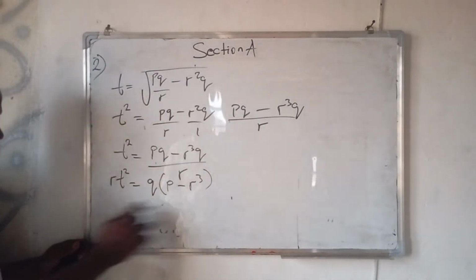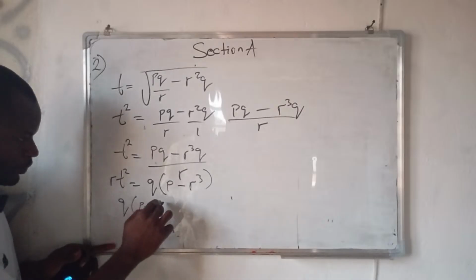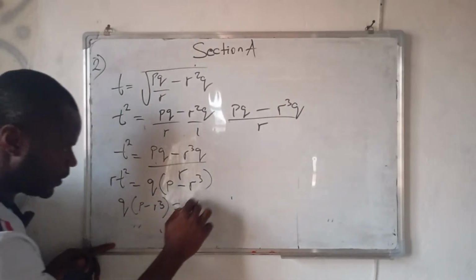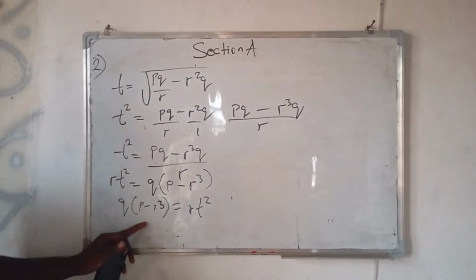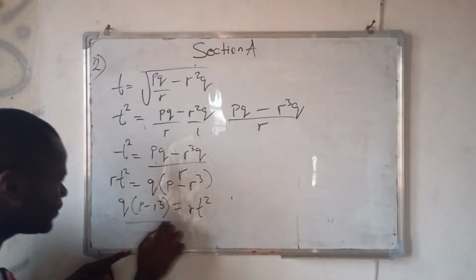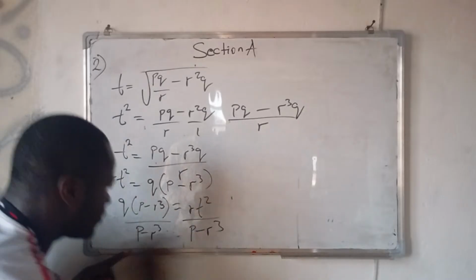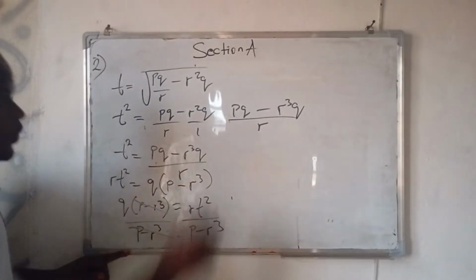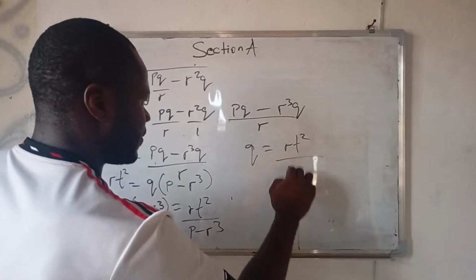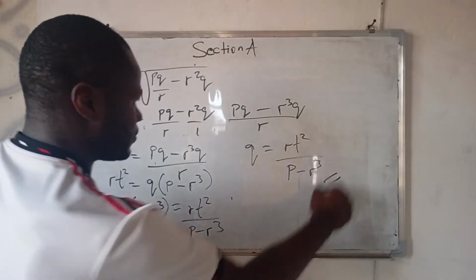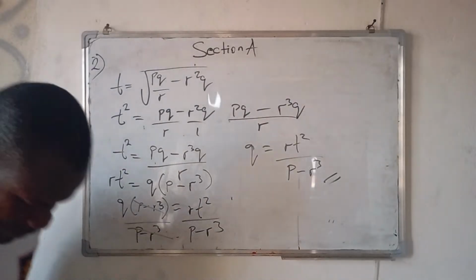Since we are trying to make q our subject of formula, we divide both sides by p minus rq. Now this will take care of this. We are now left with q is equal to rt squared over p minus rq. That is for 2a. Then we move to 2b.